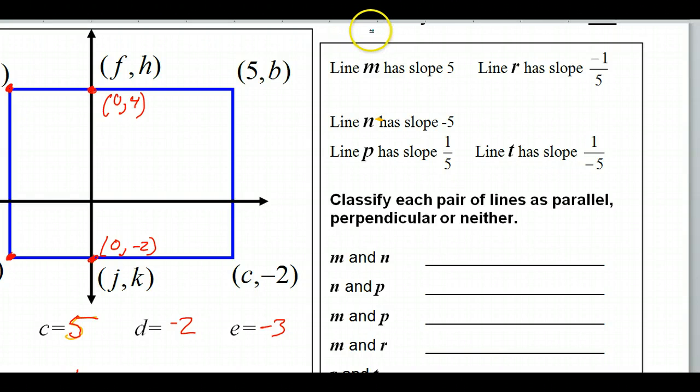How do slopes look when the lines are parallel? They should be the same. That makes sense because slopes tell you how steep the line is. Parallel lines have the same steepness. So if one of them is 2/3, a parallel line should also have a slope of 2/3.